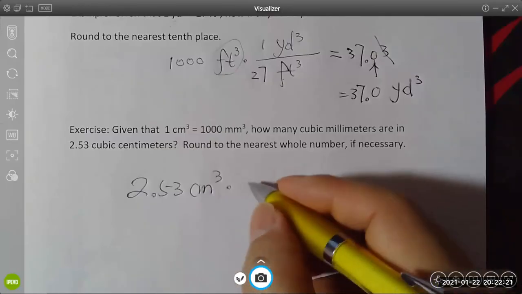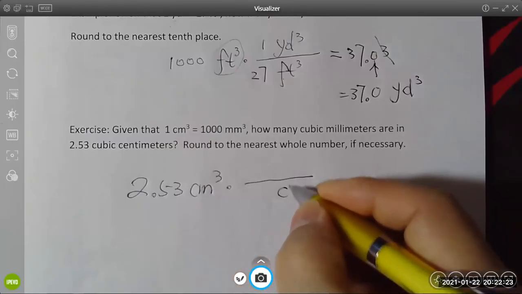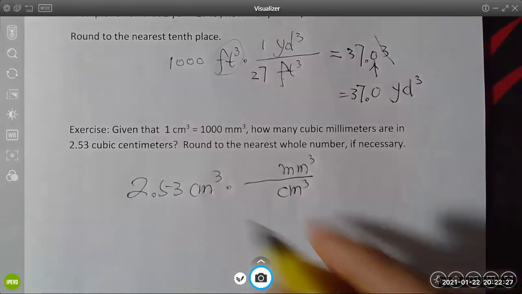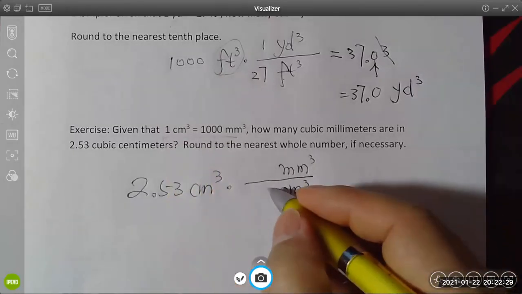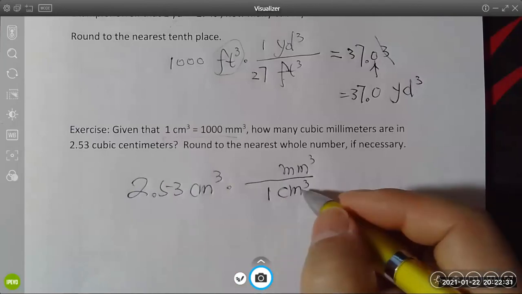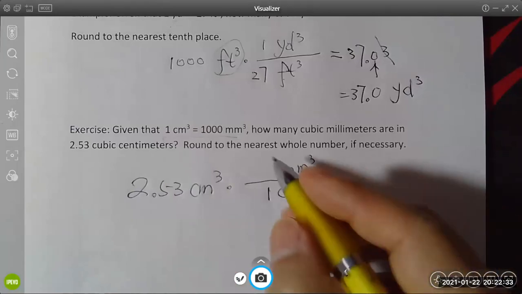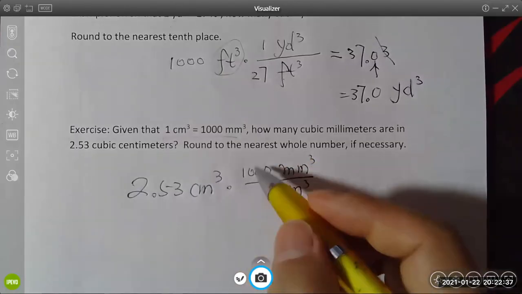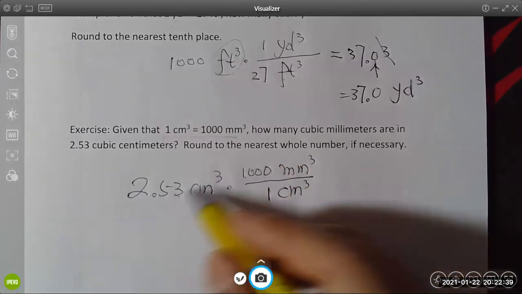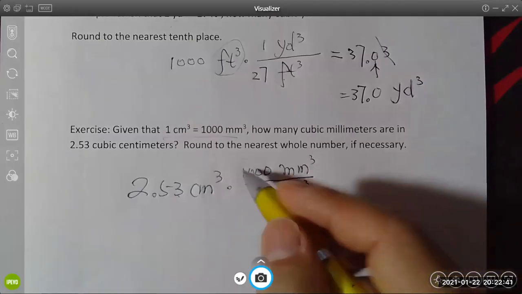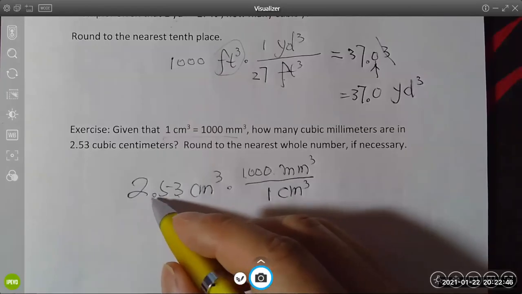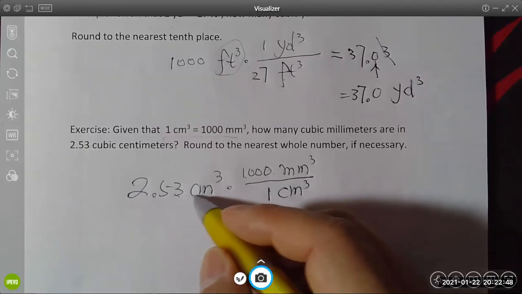So we need to cancel cubic centimeters and get cubic millimeters. The relation is given. Make sure you write the numbers in the right place. 1 cubic centimeter equals 1,000 cubic millimeters. Since 1,000 is on the top, we multiply. Anything multiplied by 1,000 is equivalent to moving the decimal point to the right 3 places.